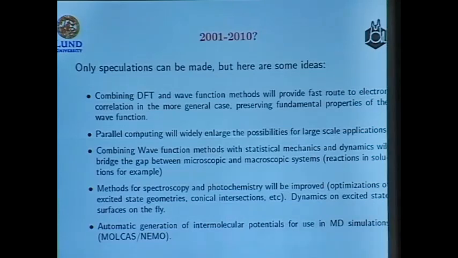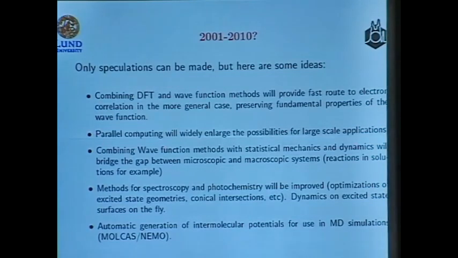These are some ideas of how the development is going to go. And actually, this is 2001, and we are already quite a way on this road. For example, this is a thing we are working with ourselves, combining density functional theory and other more classical methods to take away some of the shortcomings of density functional theory.